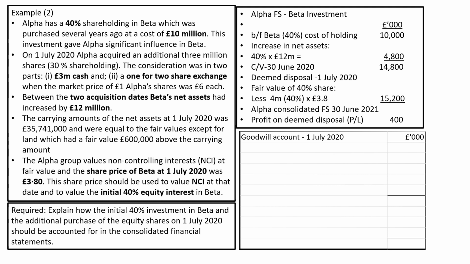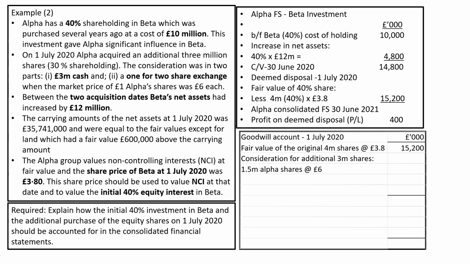Our next step is to work out the balance of the goodwill account on 1st of July 2020, as Alpha acquired a controlling stake. So we start with the fair value of the original 4 million shares at £3.80, which is 15.2 million. We then add on to it the consideration for the additional 3 million shares acquired on 1st of July.